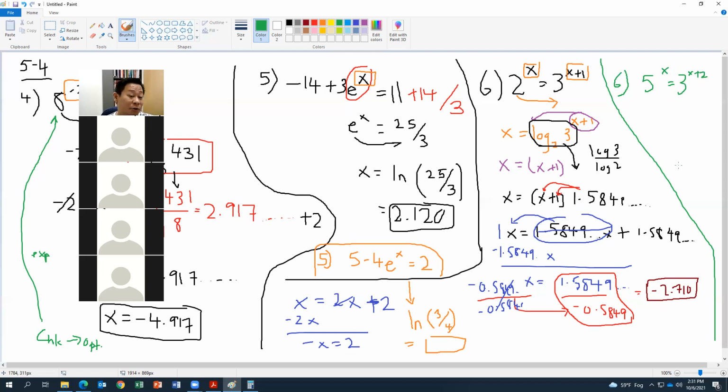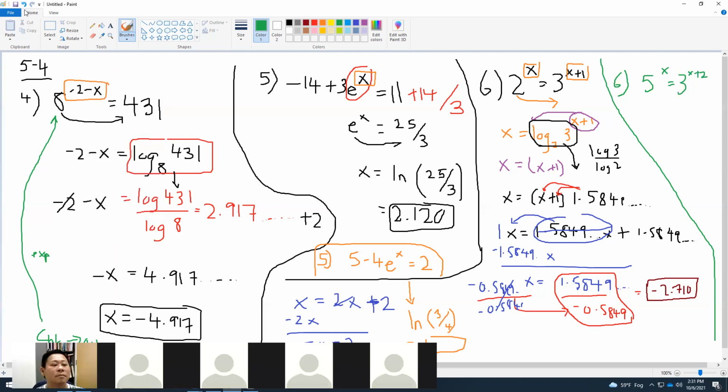Anyone want to share their screen or type it out? Nukin, do you want to write it out? Okay, everyone do it now. So go ahead and do it. This one needs work, and the work is very similar to number 5 that I did.